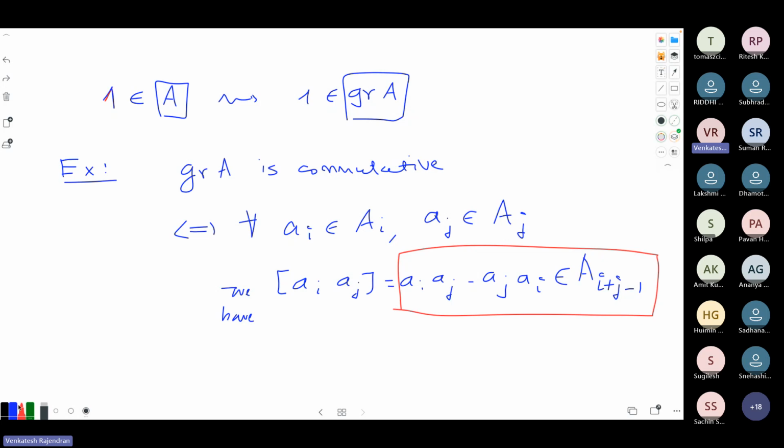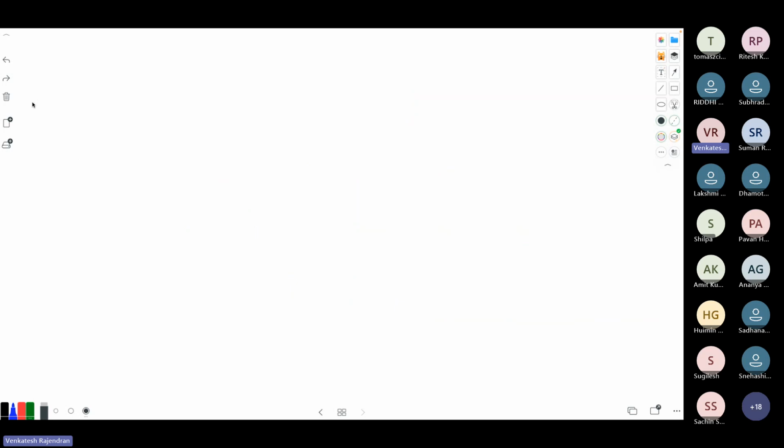In this graded world, you can also define morphisms between the graded algebras. If you have a morphism between filtered algebras, that will induce a morphism between the graded algebras. So what is the meaning of a morphism between filtered algebras? Let's take A and B to be given filtered C-algebras.